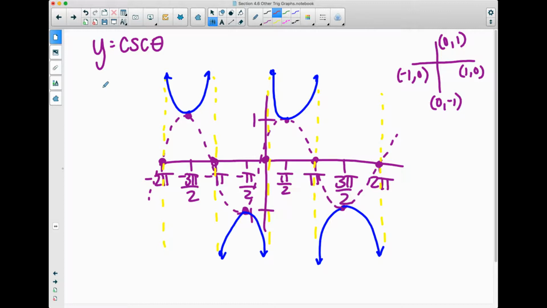Think about the definition of amplitude. From the rest position to the crest or trough. So what would it be? Not infinity, because it just keeps going. The amplitude here is undefined, not one.